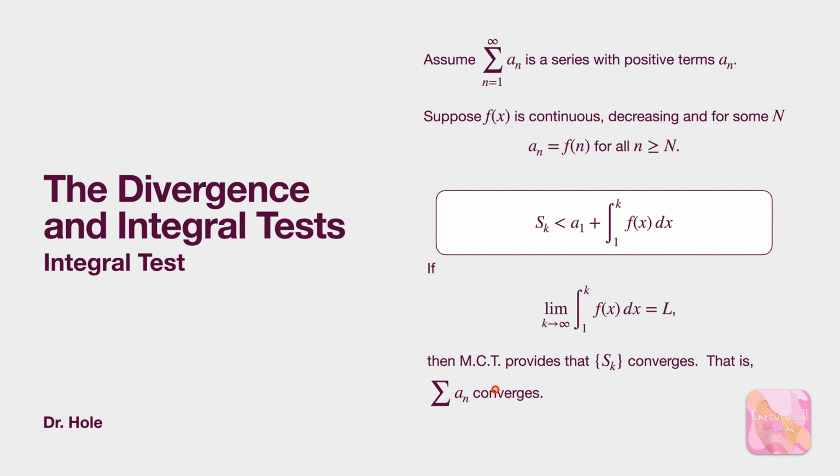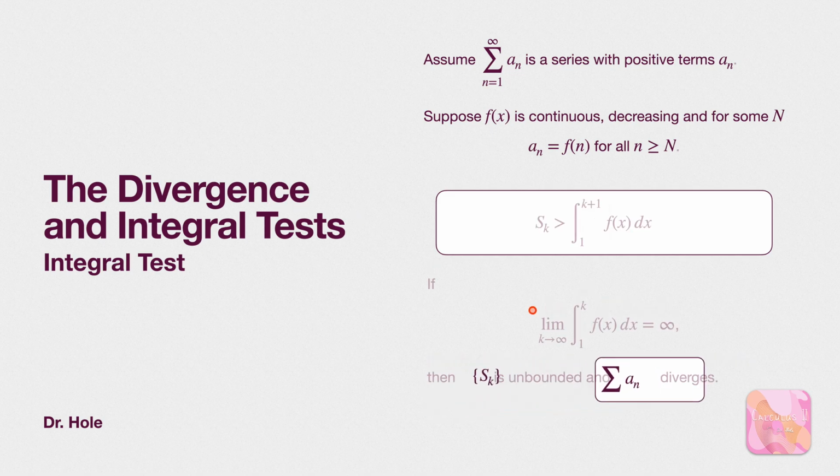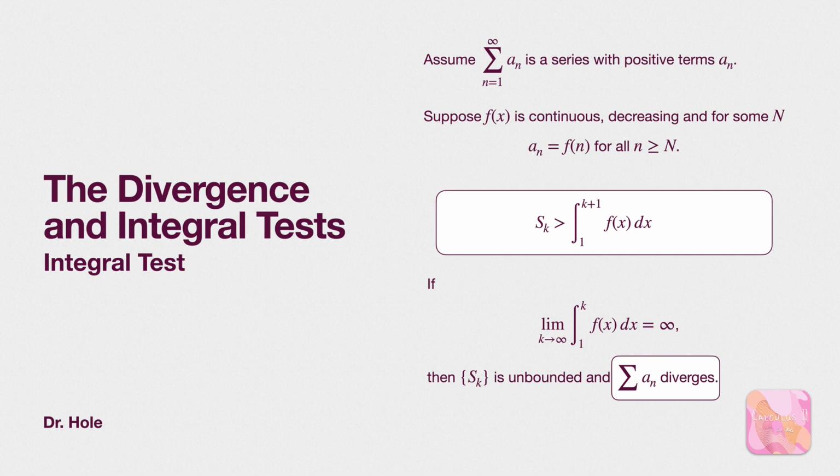And by definition, we get that the series converges. All right, so the integral test can be used to show convergence of the series, unlike the divergence test. But the integral test can also be used to show that a series diverges, like we did in our example, showing in a second way that the harmonic series diverges.